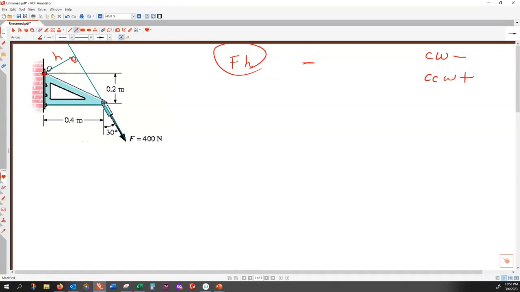The simple way is, let me break this force into two components, component 1 and component 2. And then this original force doesn't exist anymore. These are conventions, standards, assumptions. Say this is a poster of a person.